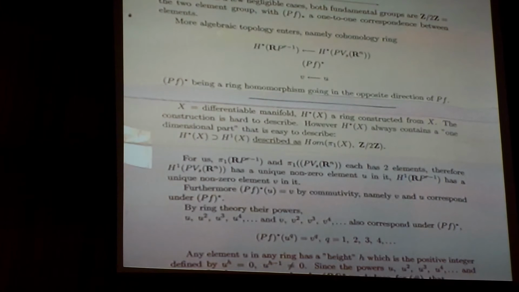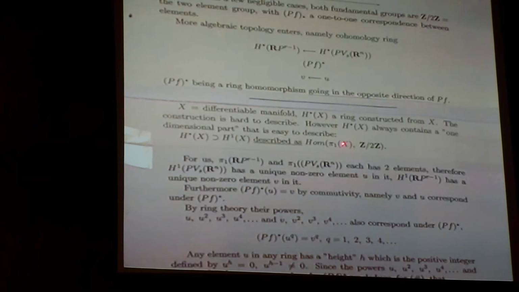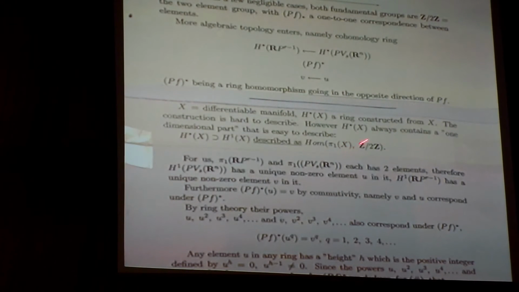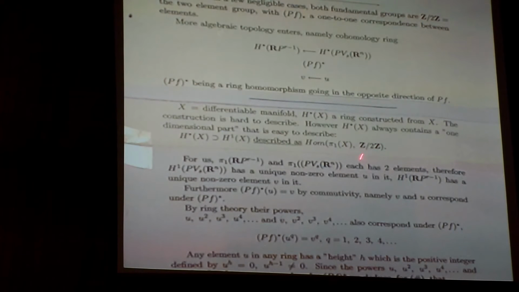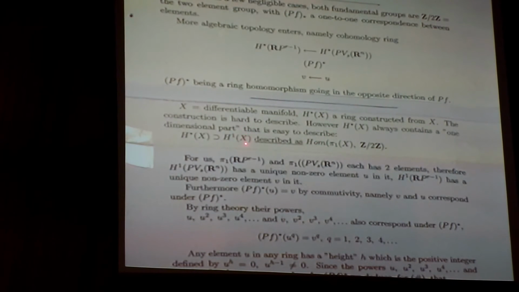I'm taking cohomology with Z mod 2 coefficients. So take the fundamental group and look at all homomorphisms from the fundamental group to the coefficients you take. The various homomorphisms then correspond in a one-to-one manner to the various elements in the one-dimensional part of the cohomology.